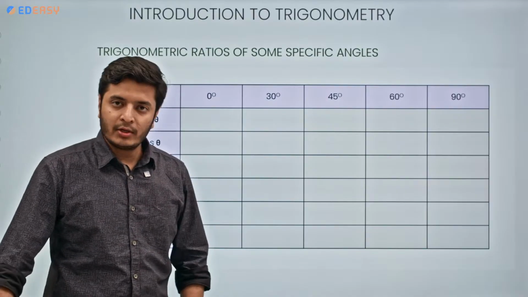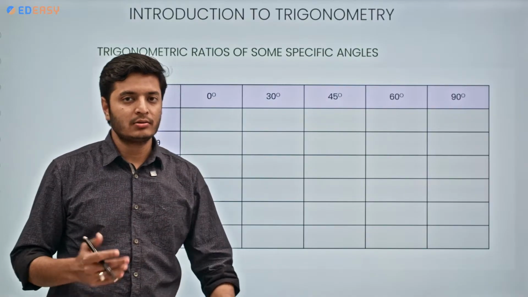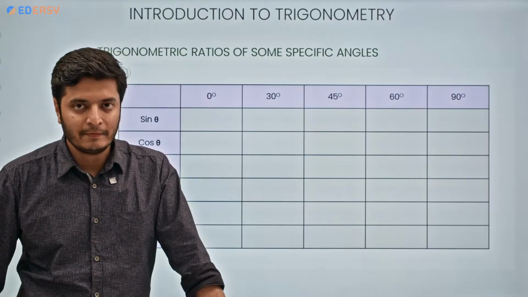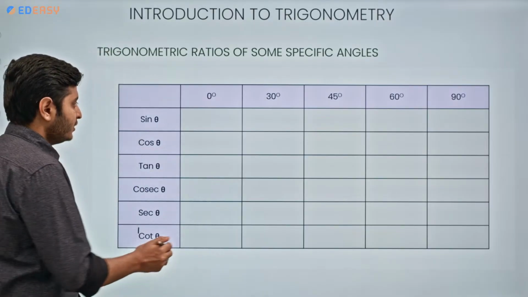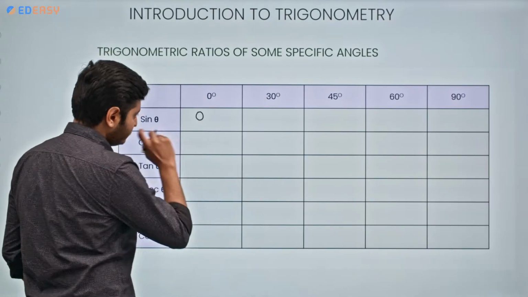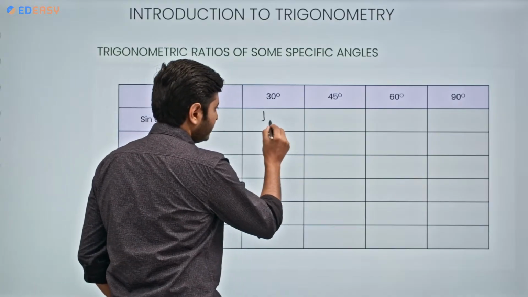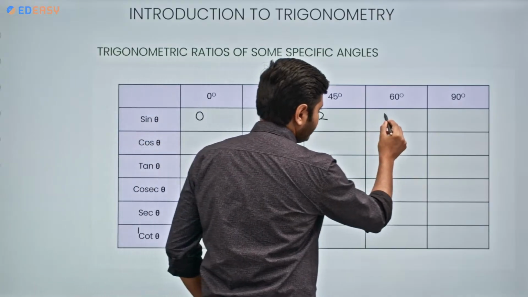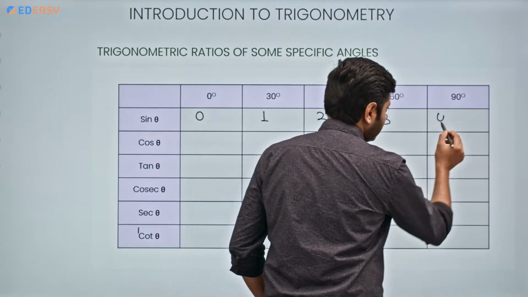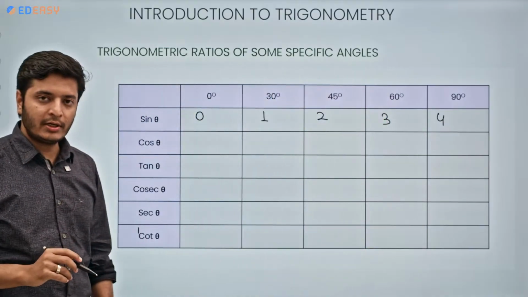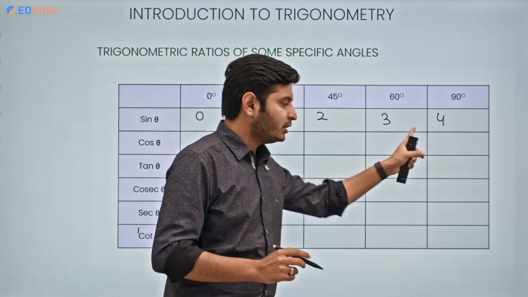You remember the counting, no? Counting numbers, whole number starts from where? 0. So I will do one thing. I will write 0 here, 1 here, 2, 3 and 4. You can do that. 0, 1, 2, 3, 4.